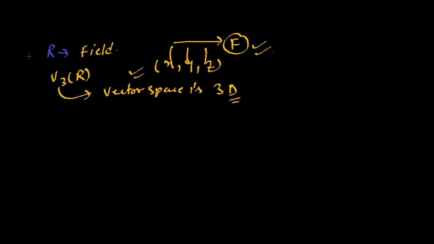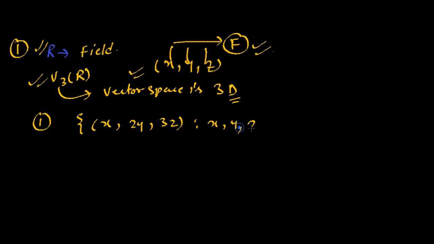So R is our field, real numbers, and we have our vector space. We need to show that this particular set is a subspace of V3.